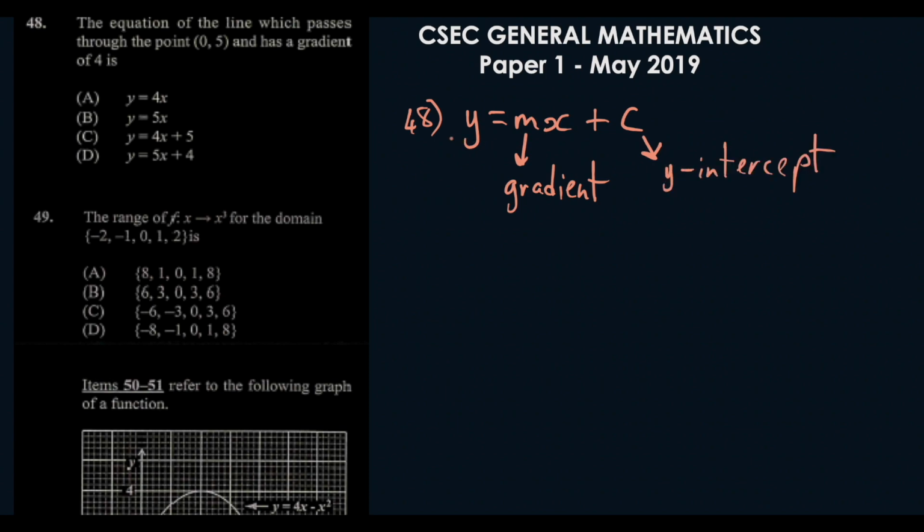So what is the gradient of this equation? It says the gradient is 4. So then I could substitute this m with 4. So therefore y is equal to 4x plus some intercept. Now the intercept here, we need to figure out what it is, and we could figure it out using these coordinates.